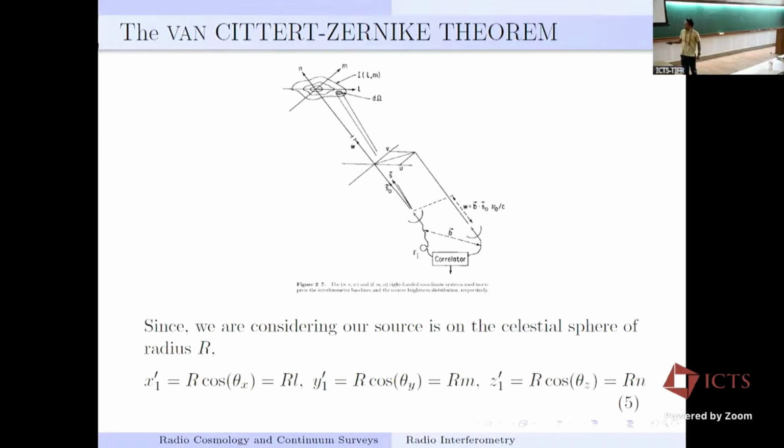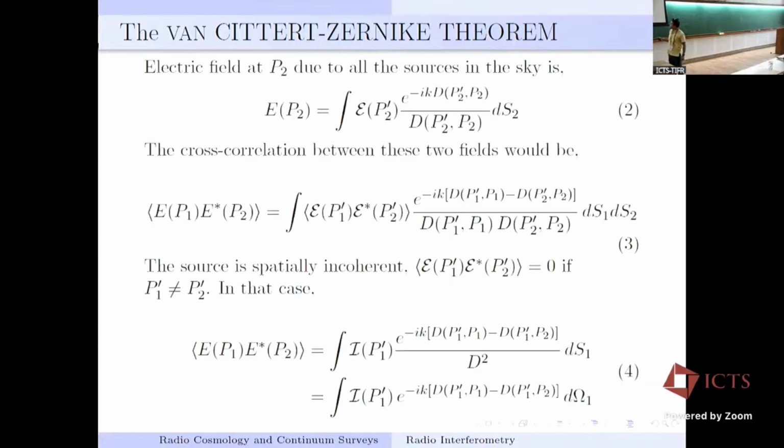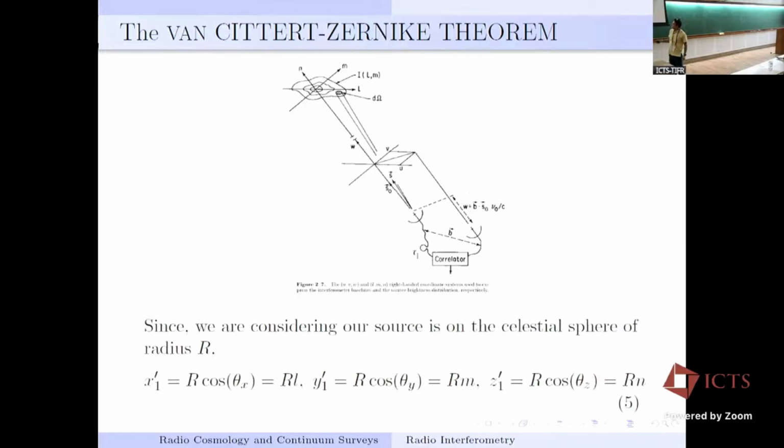If I have some coordinate x1 prime, and this is the distance, what I'm trying to do is evaluate this distance. Prime is the coordinate in the sky, okay?